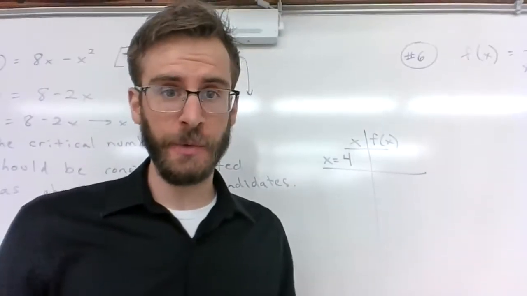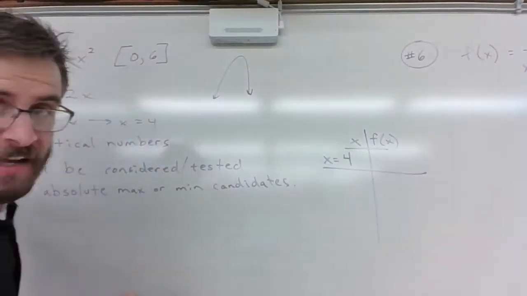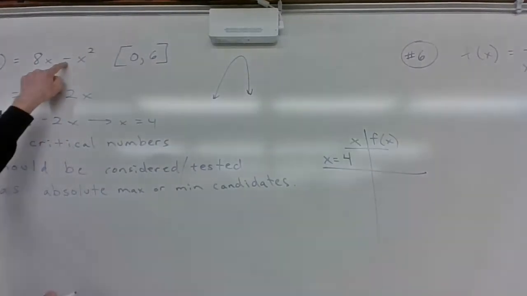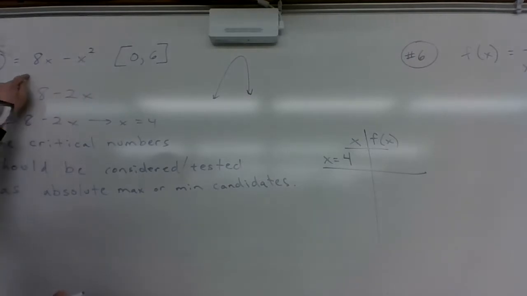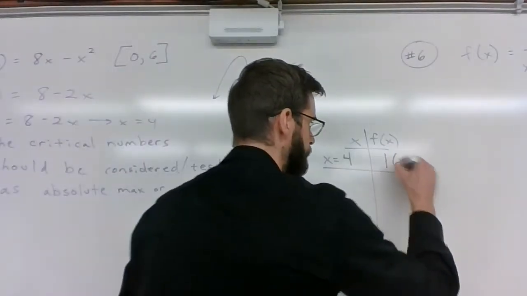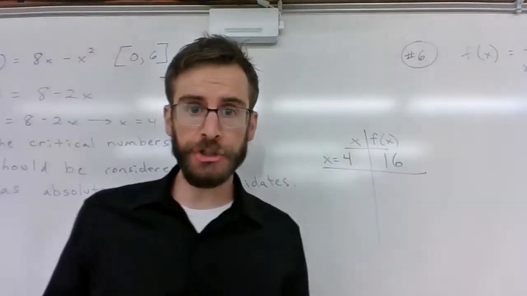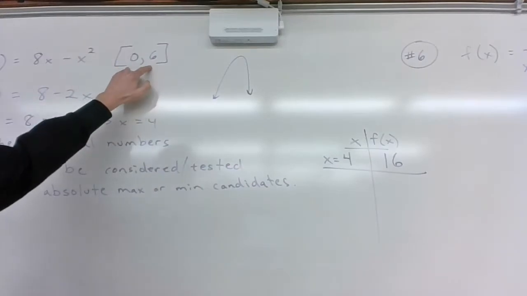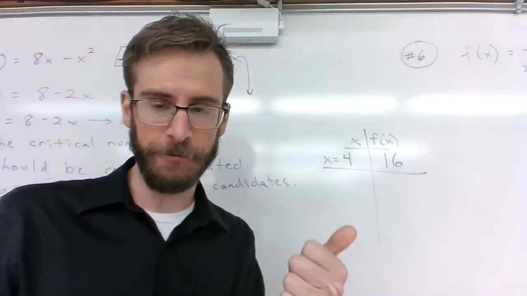What value does x equals 4 give you? Well, when you plug it in up here, you get 8 times 4, which is 32, minus 4 squared, which is 16. 32 minus 16 is 16. All right, good to know so far. Since x equals 4 is in between 0 and 6, it is a quality candidate for this.